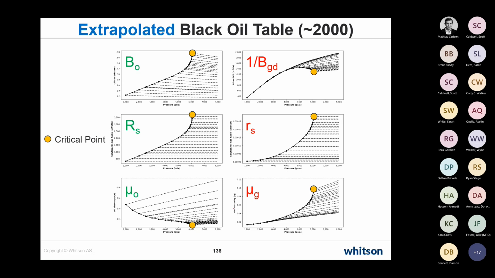So this value right here and this value here is the same. The solution GOR, if you plotted this in GOR space, they will be exactly the same right here. And also the formation volume factors will be the same if you plotted BO versus this BGD over little rs term. They will be consistent and the same at the saturation or at the critical point. So that's also something that we extrapolate, at least some of the tables a little bit, such that you can still play a little bit around with your GORs. You don't have to update it in the software.